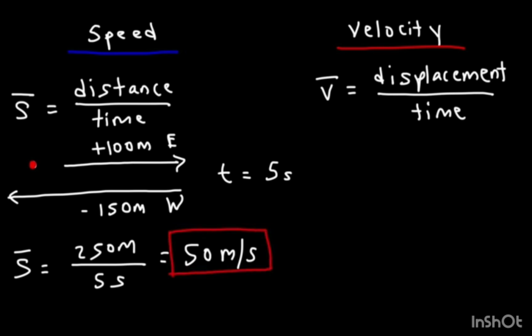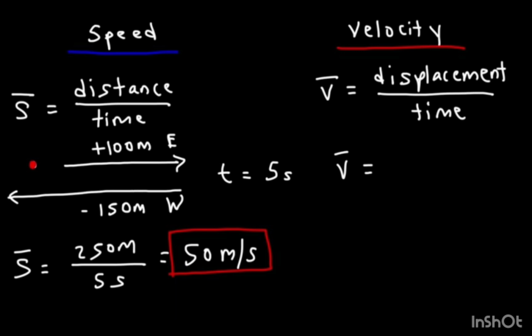Now, the average velocity is different because the displacement is different. Now there's two ways in which we can calculate the displacement. We can add up the displacements for the individual segments of the problem. The displacement for the first part is 100 meters, and the displacement for the second part is negative 150.